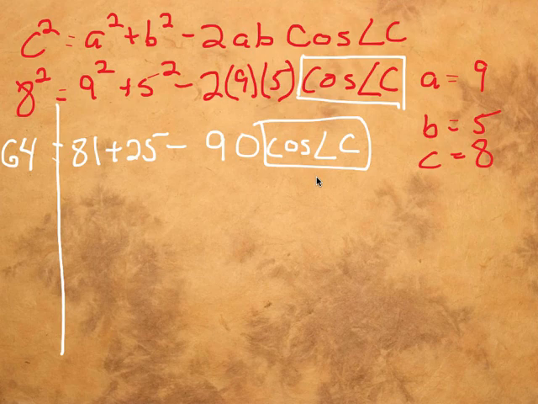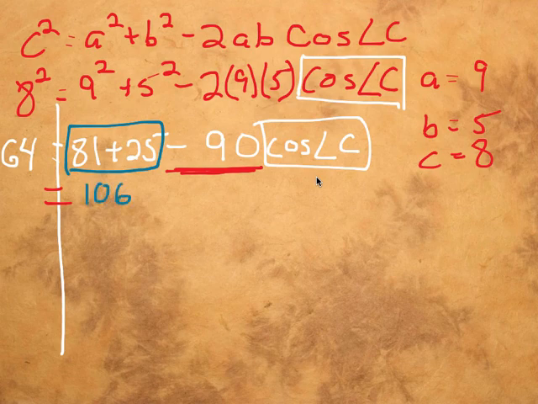Now, at this point, what we got multiplying by cosine of angle C? Negative 90. Now, right here at this step, I'm going to use a different color. I'm going to combine these two guys. 81 and 25, that makes 106. Bring down 64. This is what everybody had trouble with last year.